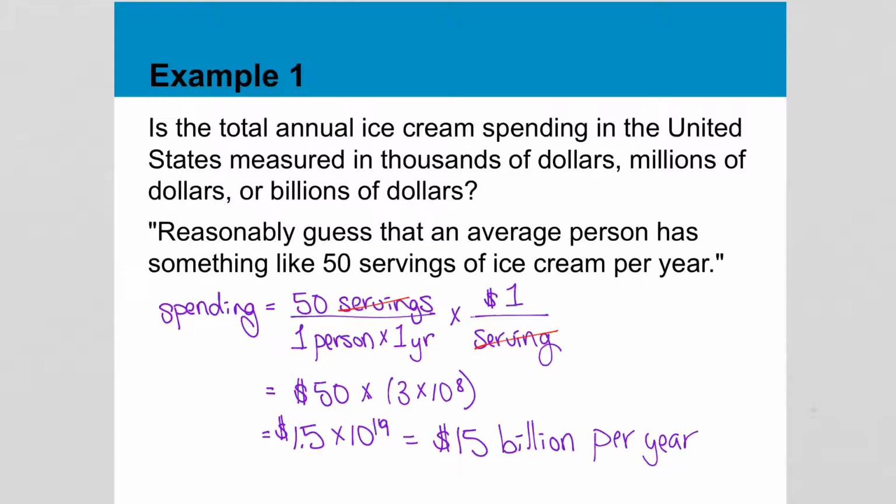And that should actually be 10 to the 10th. Okay? If you put it in your calculator, you get 1.5 times 10 to the 10th. So, ice cream spending is in the billions. That's what we've concluded.